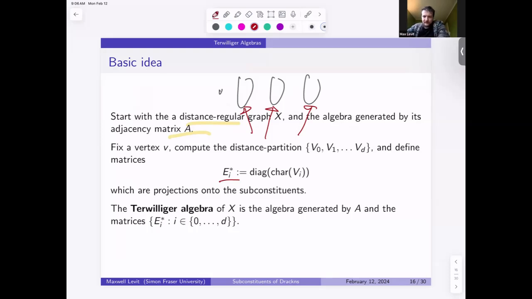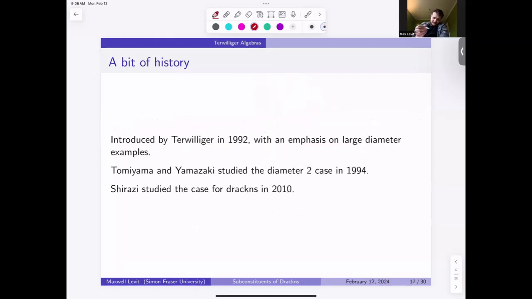And just a very brief piece of history. There's been a lot of work done on this in a lot of directions, but just the little bit of the branch of the history that goes into what I'm talking about is that there was this introduction of these objects by Terwilliger in 92. And he worked out explicitly what's going on with a whole bunch of families of examples of large diameter.